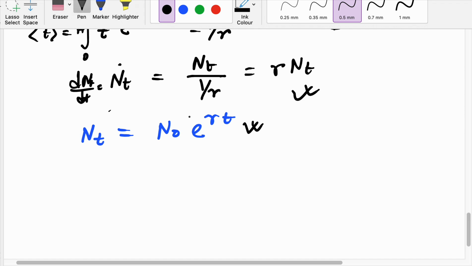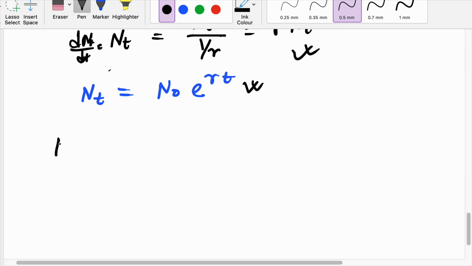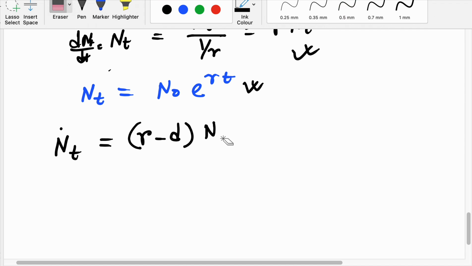Here only the birth rate is there, so let's put the death rate also. Suppose then Nt dot will become r minus d times Nt, where d is the death rate.